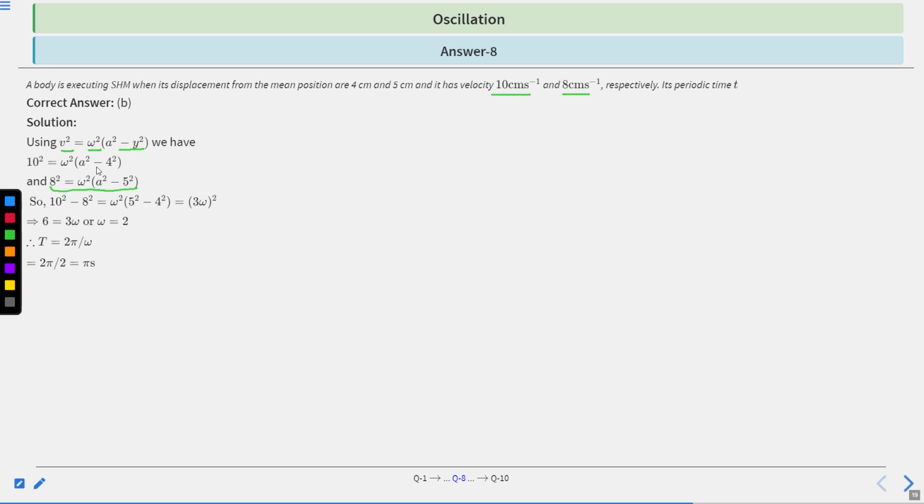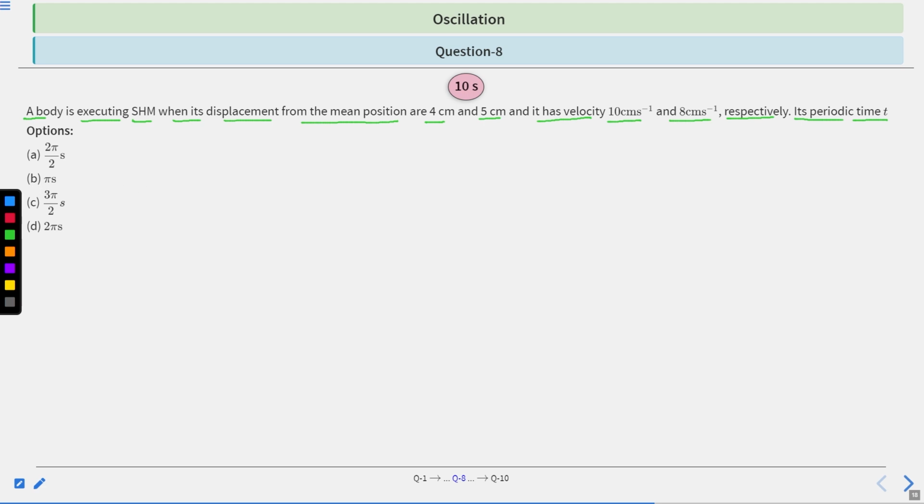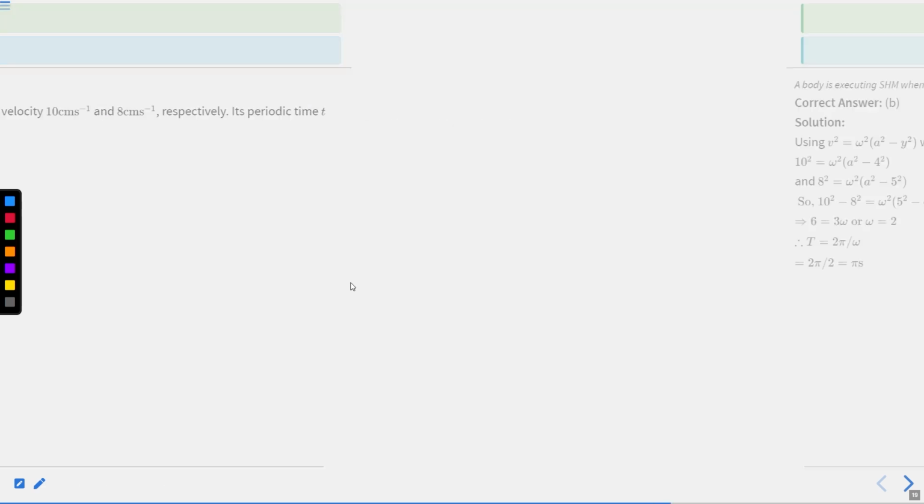From these two equations, solving, you will get 6 equal to 3 omega, and omega equal to 2. We know T equal to 2 pi by omega, where omega is equal to 2, so you will get pi second. So pi second is the correct answer. Option B is correct. Next question, question 9.